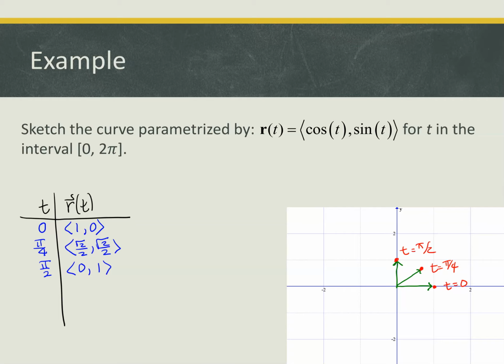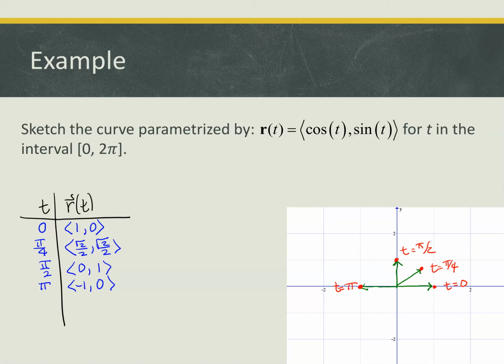Now I'm going to skip 3 pi over 4 and just go right to pi. Cosine of pi is negative 1. Sine of pi is 0. So my position vector would look something like this. And a point on our curve at the tip, and that's due to t equal to pi.